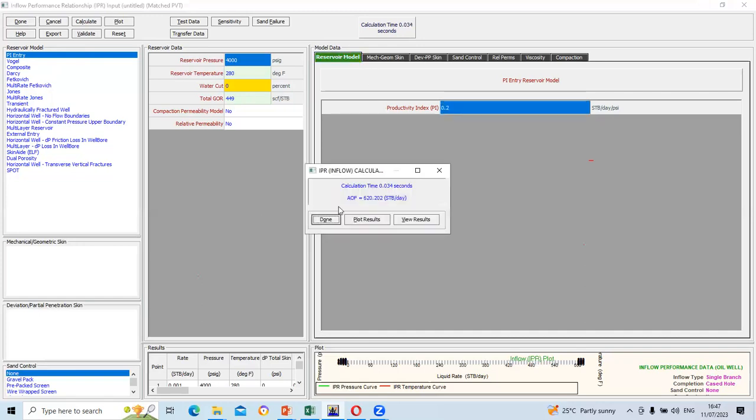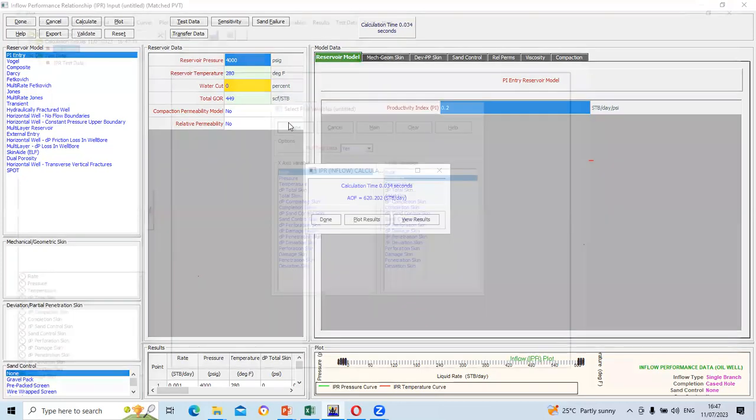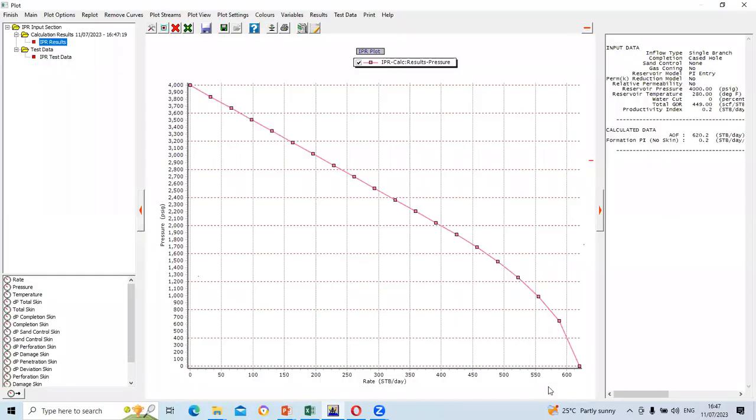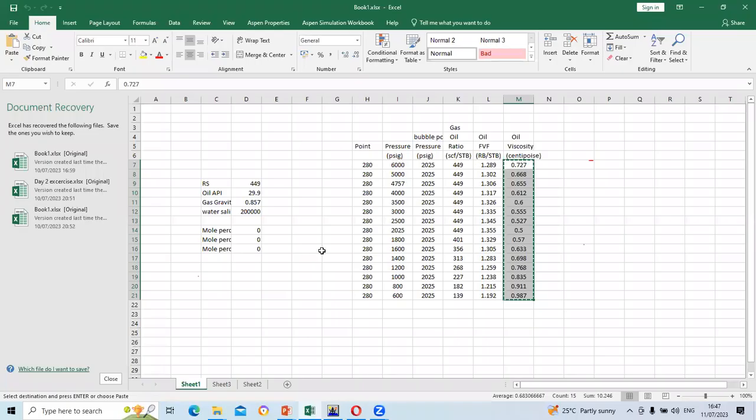We calculate, we just change the pressure. You see that the answer does not look like a straight line. You remember that in our PVT analysis, we had the bubble point pressure.